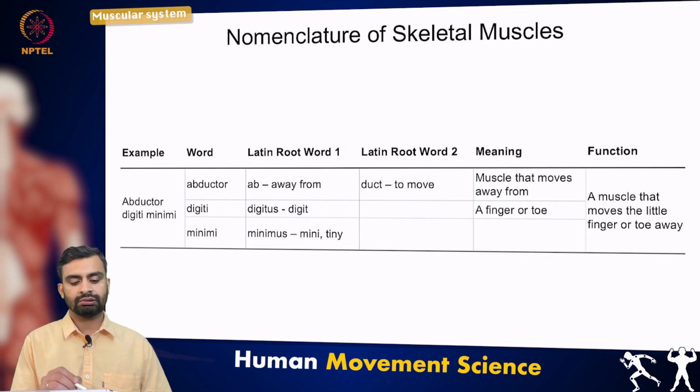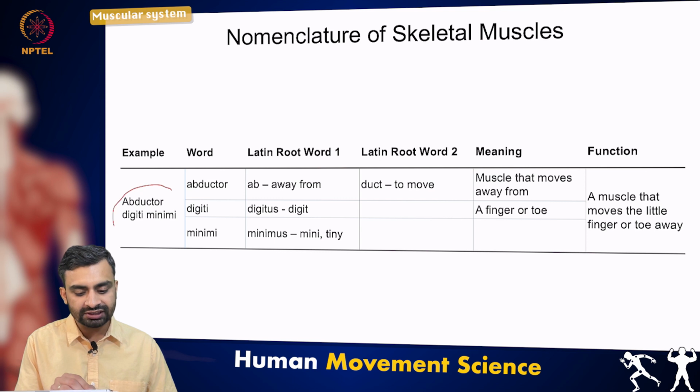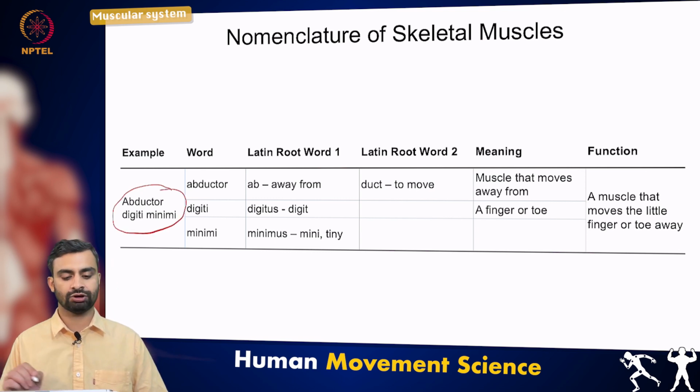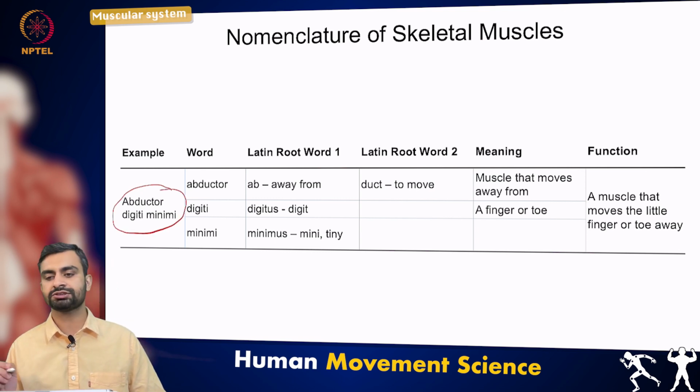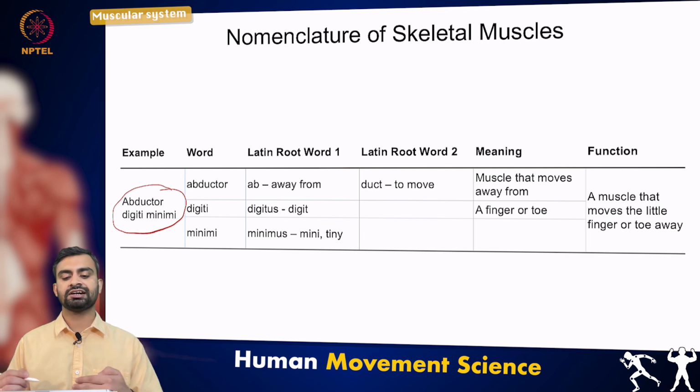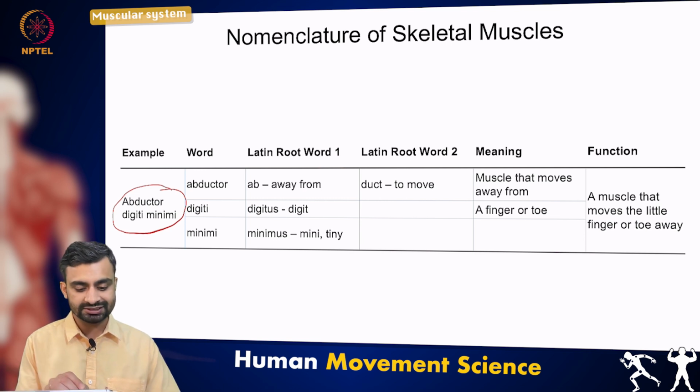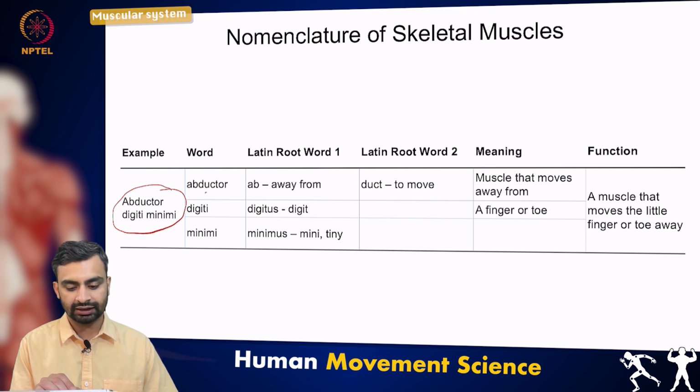Let us consider this muscle and try to understand its nomenclature. That will help us extend this understanding of nomenclature to other muscles or muscle groups also. For example, this muscle is abductor digiti minimi. It consists of three words: abductor, digiti and minimi.